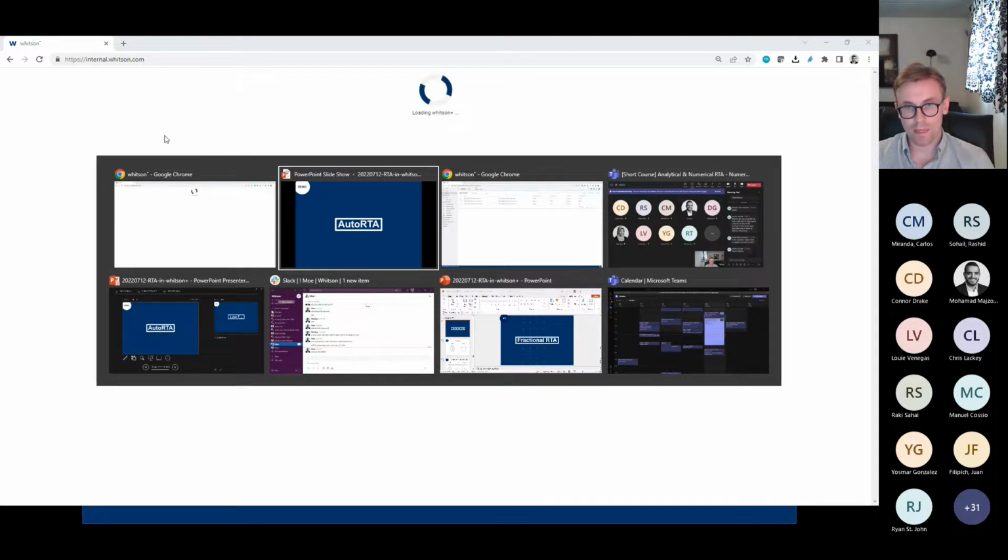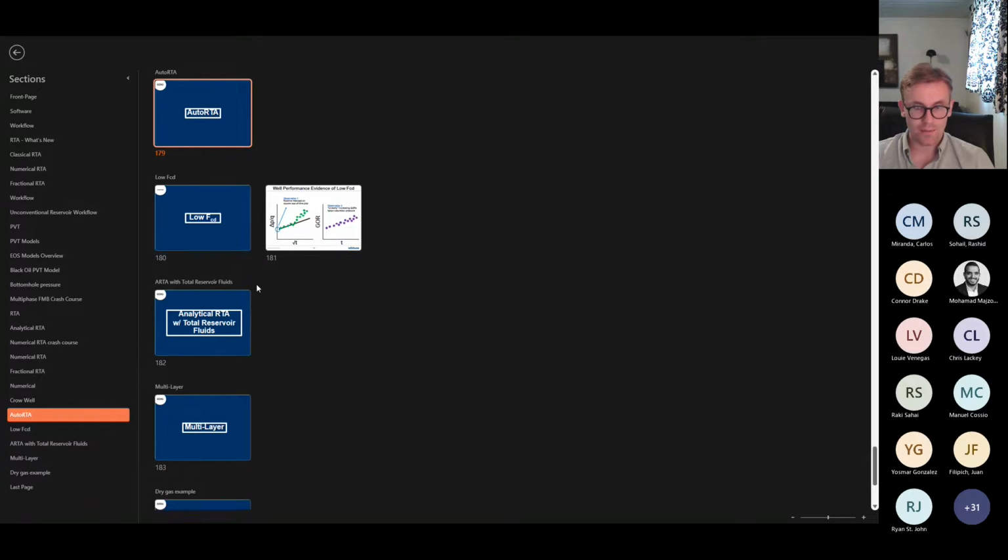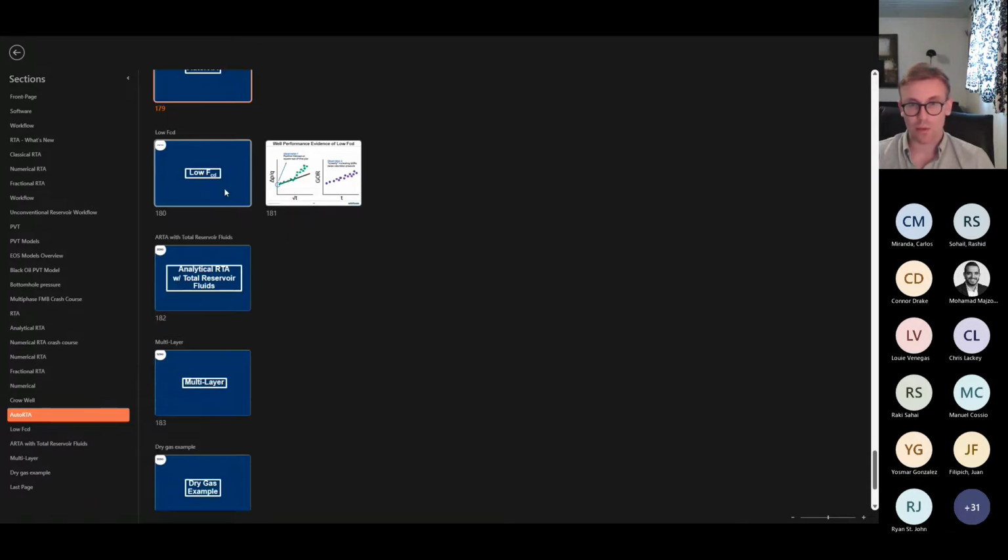And then the second thing that I wanted to show is a case related to when to justify use of a low fracture connectivity, and then running analytical RTA with total reservoir fluids instead of just a single phase assumption.